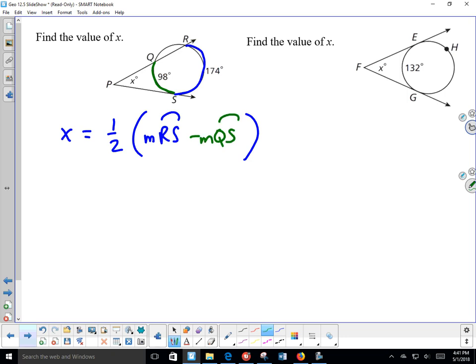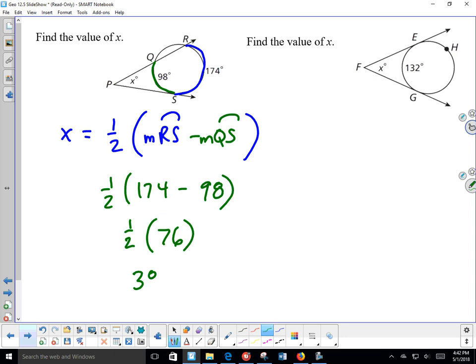All right, and so in this case, it's going to be half of 174 minus 98. So on the graphing calculator, we're doing 174 minus 98. I get 76, and then I want 1/2 of that, so I end up getting 38 degrees for x. That's going to be 38 degrees.